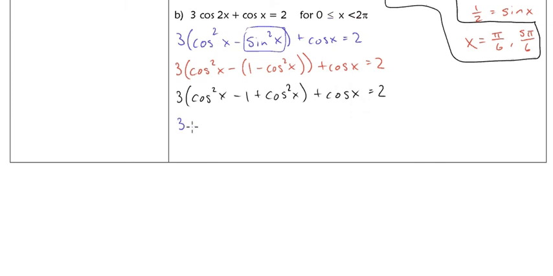That's 3 cosine squared of x minus 3 plus 3 cosine squared of x plus cosine x. And while we're right here, let's go ahead and subtract 2 from each side. So cosine of x minus 2 equals 0.